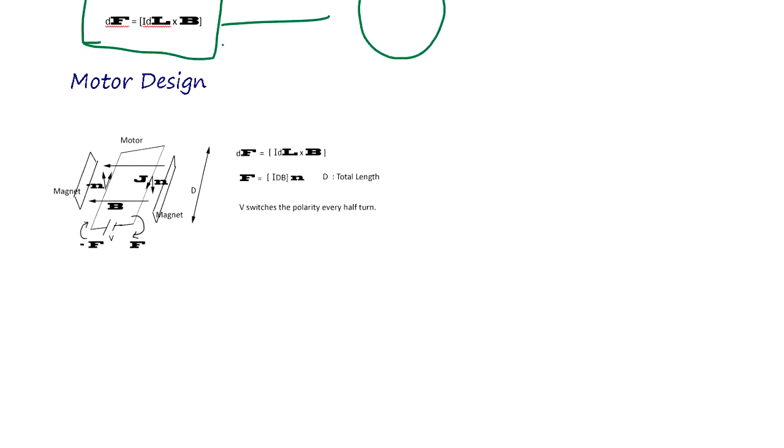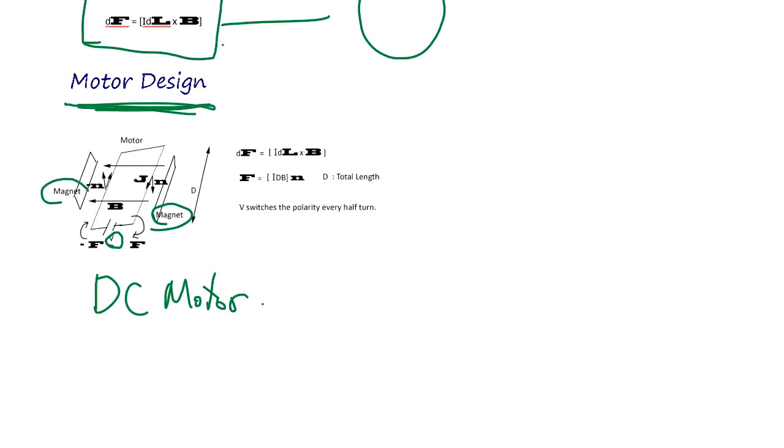This equation is basically used for designing motors, right? And a simple motor is a DC motor. You apply DC voltage to the wire, and you put permanent magnets on both sides to generate the B. So the current, the length of this, and B are going to generate a force.